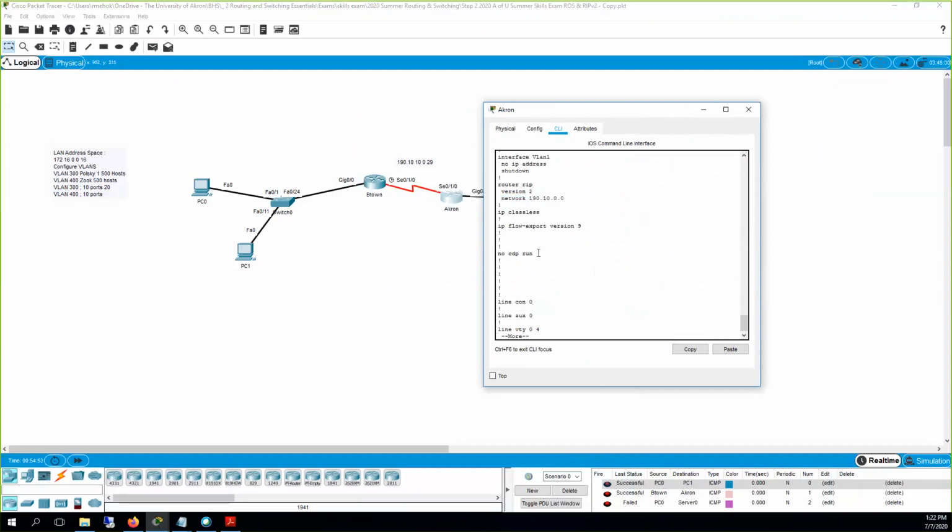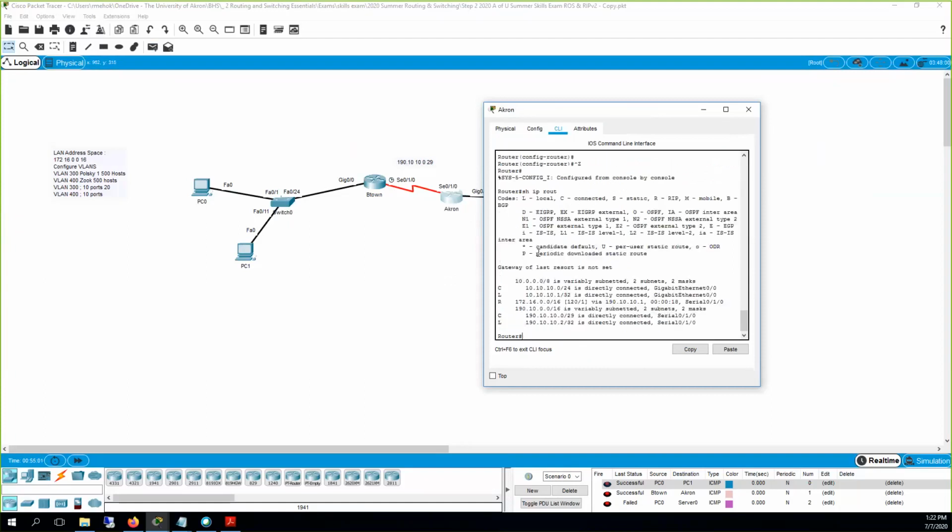So now it's time to see what the router knows. So show IP route. There it is. We see a /16. Notice that it contains 2 subnet masks and 2 subnetworks. That's what version 2 allows.